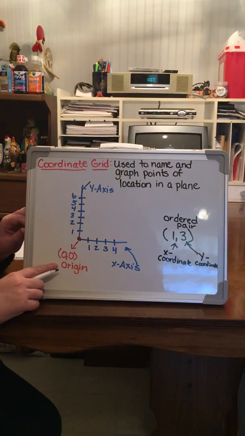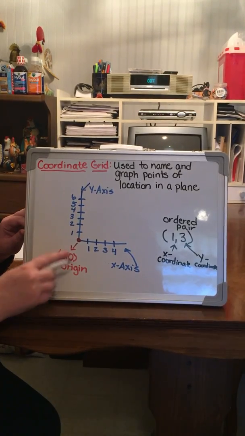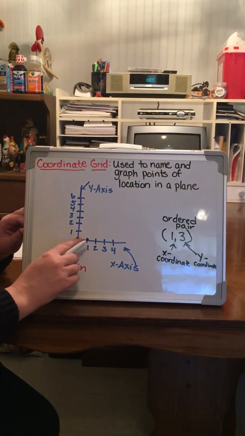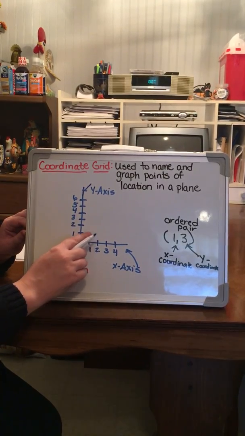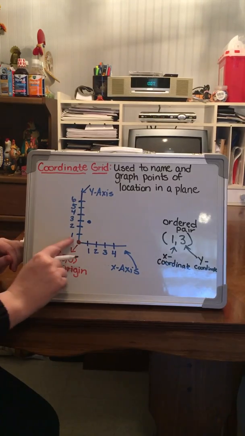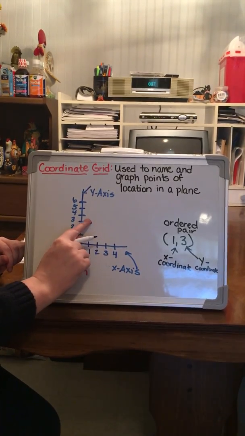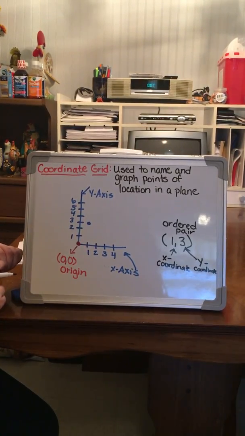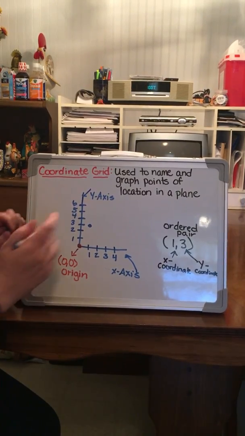You always start at the origin. You always start at 0, 0. So right here at the origin, I would go 1 over, and then I would go 3 up. Right there is 1, 3. 1 over, 3 up.